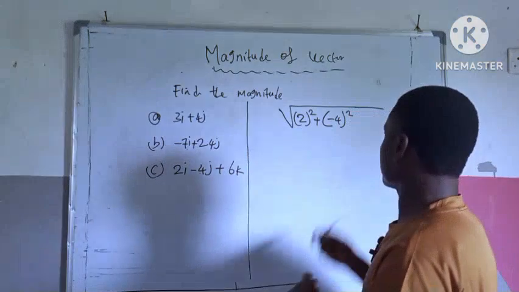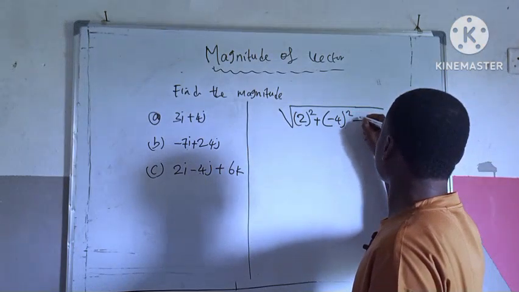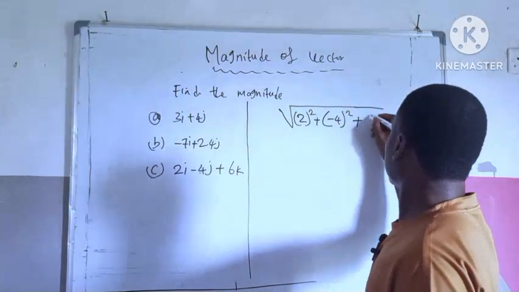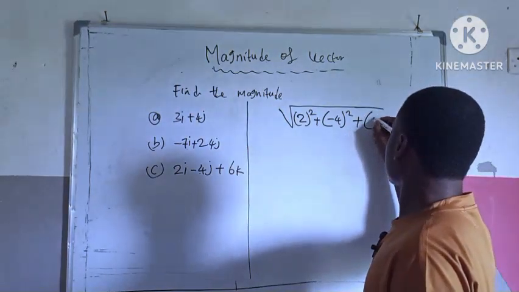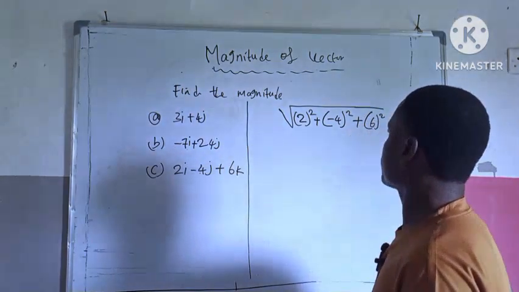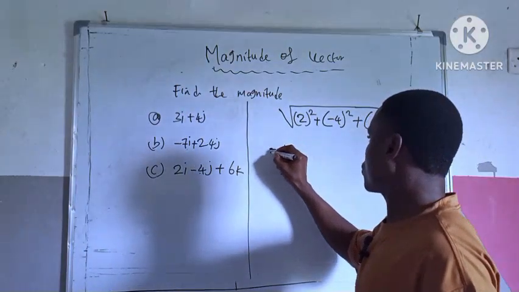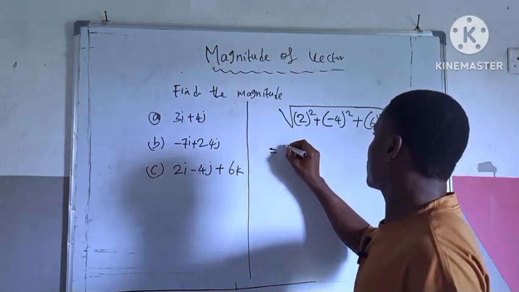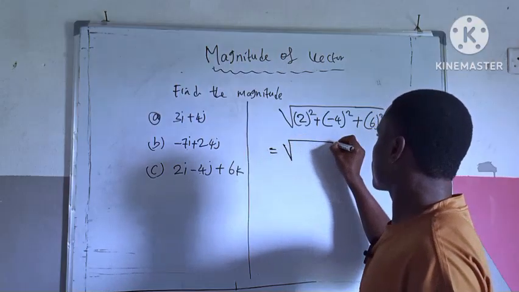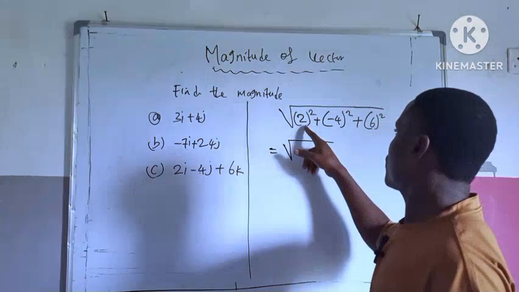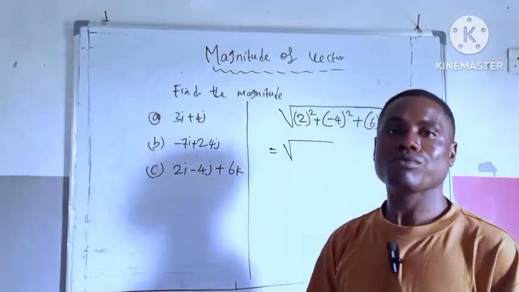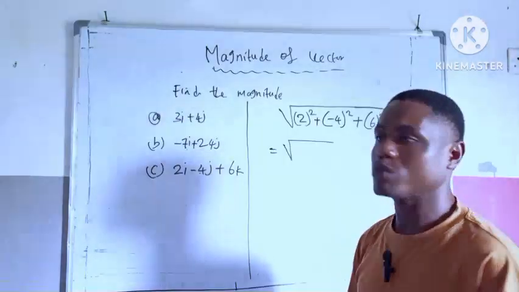So the third one is what? Plus 6, right? Okay, let's continue. So equal to, it doesn't mean anything. We should be equal to again. So what is the first answer here? 4. 2 square means what? 2 times 2.